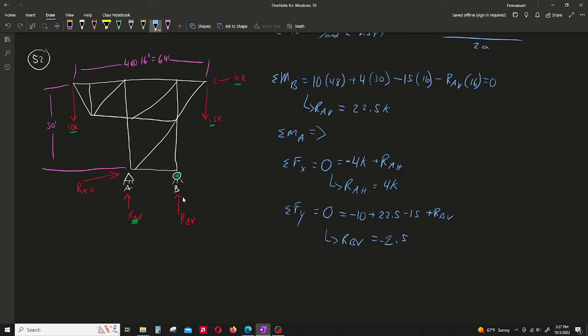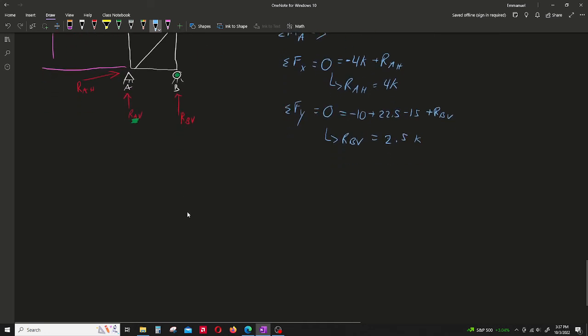So it would be positive 10 minus 22.5 plus 15, and I would get a positive 2.5. Okay, that makes sense now. So 2.5 kips, which makes sense because 22.5 for our AV plus 2.5 for our BV should equal our 10 kip plus 15 kips, which is 25 kips.